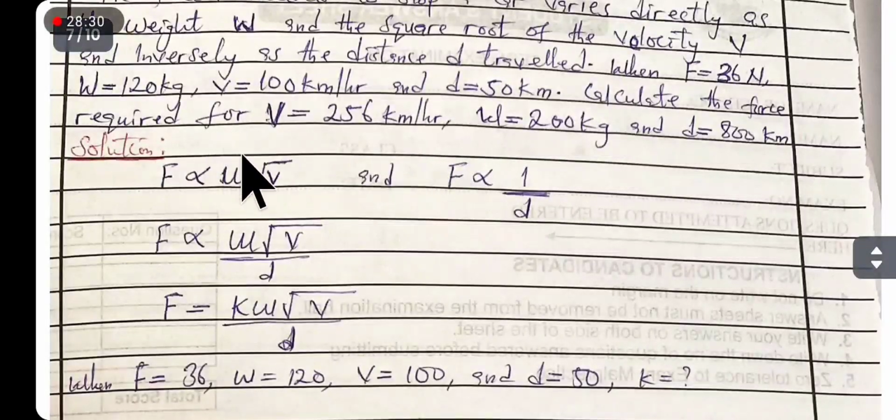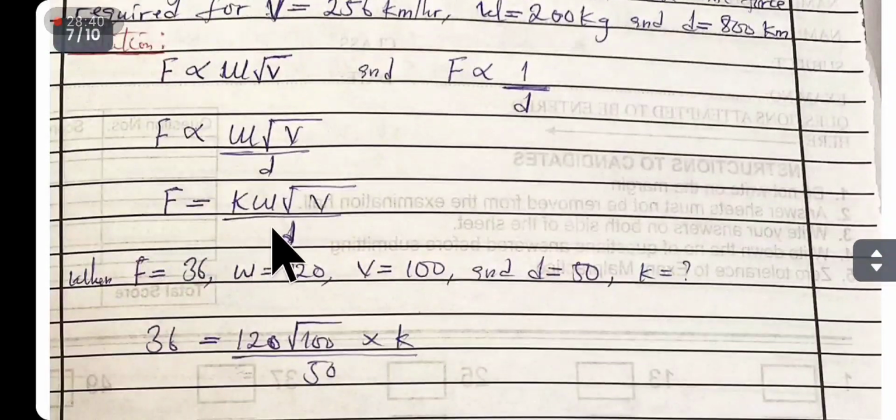If you merge these two together, you discover that F will be directly proportional to W square root of V all over D. You see it now. So we have F is equal to K W square root of V all over D. Why is it K?